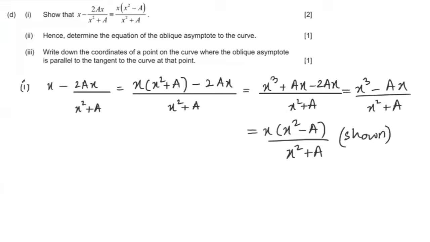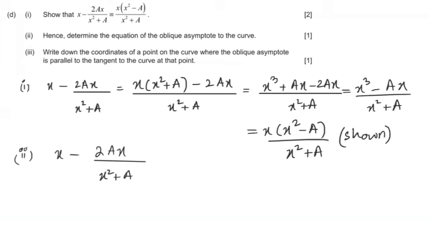Next part, hence determine the equation of the oblique asymptote to the curve. To find the oblique asymptote, the left-hand side is a better form. So you can look at this function, if you have done these rational functions before. If I have a constant over here, I have a horizontal asymptote in these rational functions since it's an improper fraction.